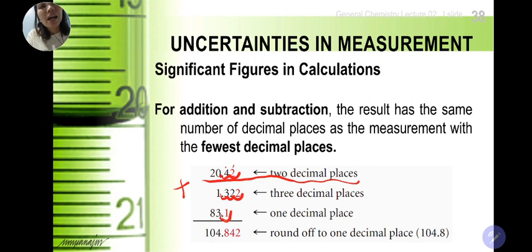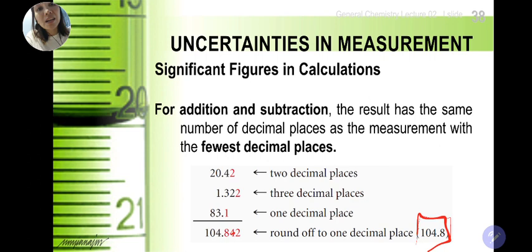So, kung ang answer natin, pag add natin yan, is 104.842, we have to round it off to 1 decimal place lang. So, matatanggal yung dalawa. Our final answer would be 104.8.